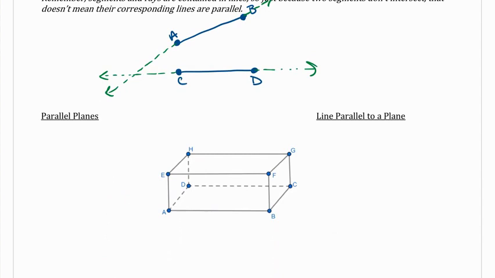Okay. We can also have parallel planes. So we've got lines that are parallel, and we can also have planes that are parallel. To show this, I'm going to throw in a little color here.